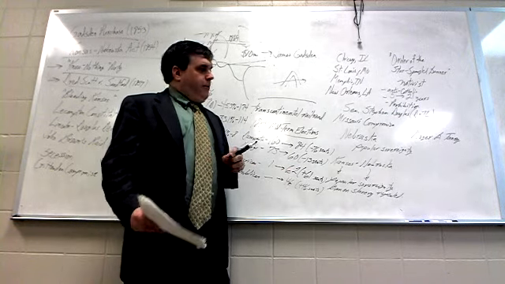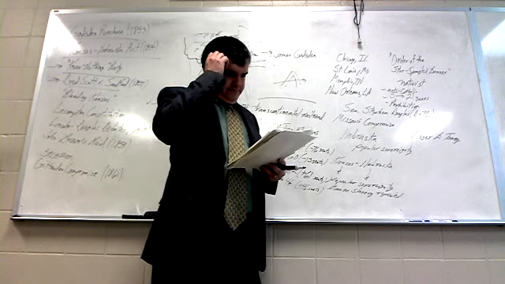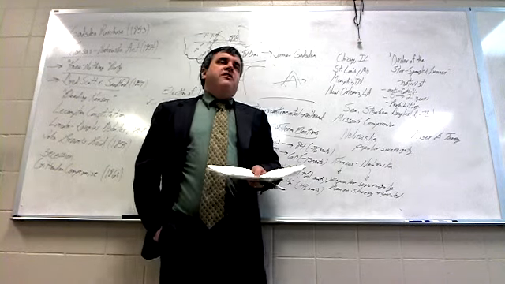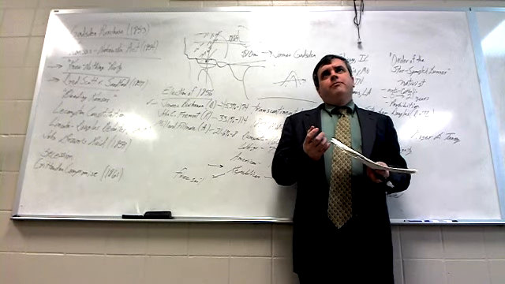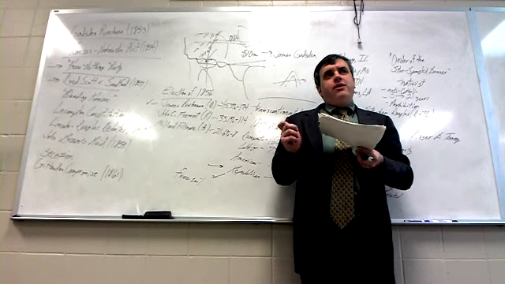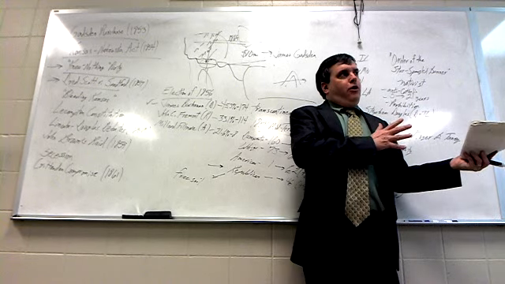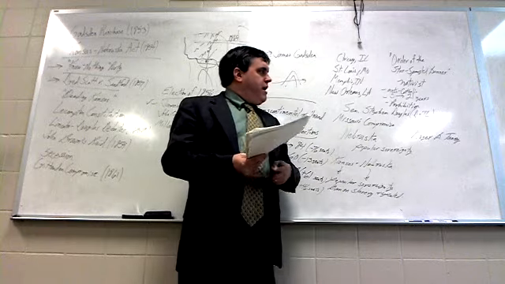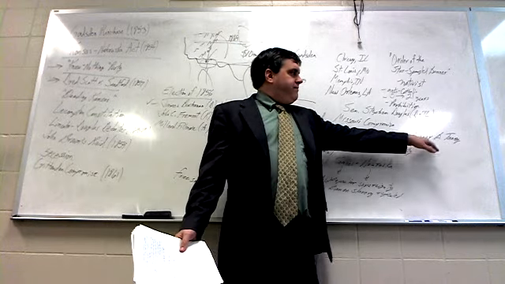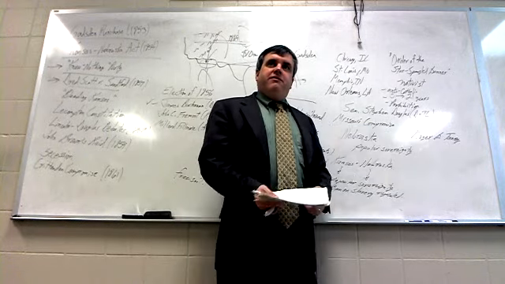You know this is not going to go well. Essentially, if you look at the Dred Scott case, it comes down to one question: either once free, always free, or once a slave, always a slave. Well, the Supreme Court says basically, once a slave, always a slave.